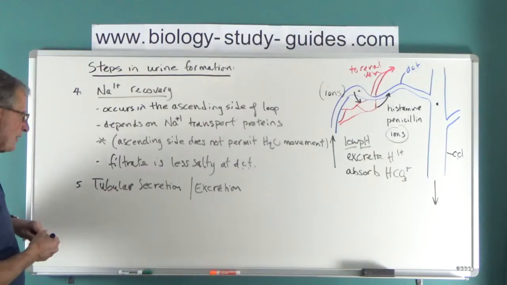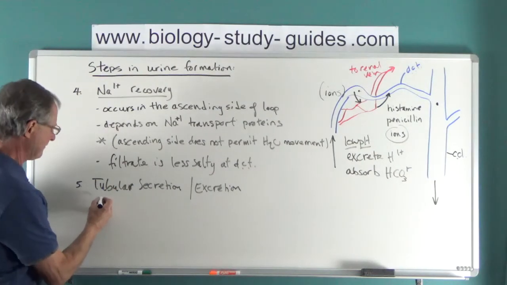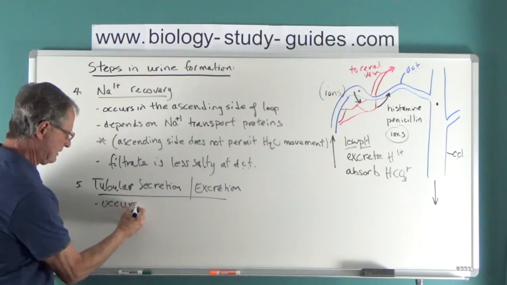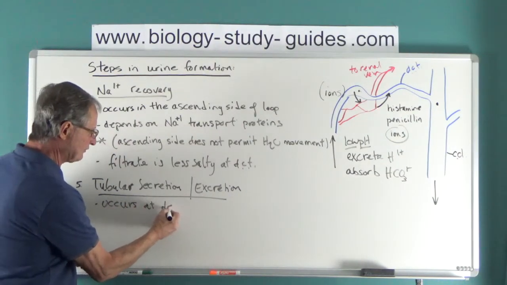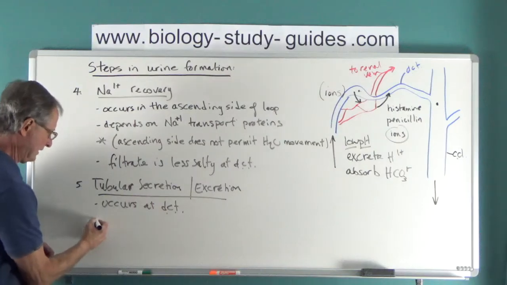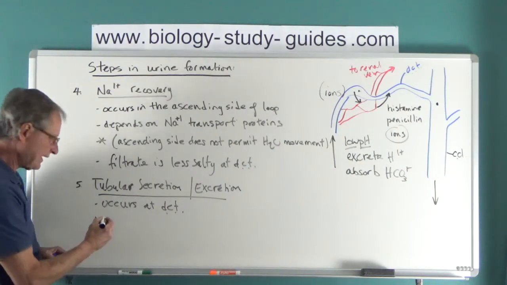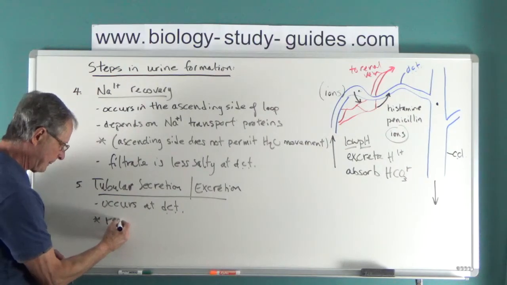So tubular excretion and secretion occurs at the distal convoluted tubule. One of the most important things about it is it regulates blood pH.